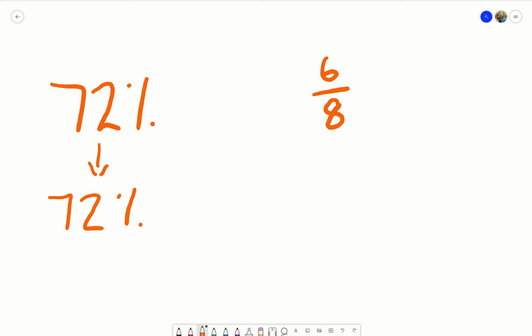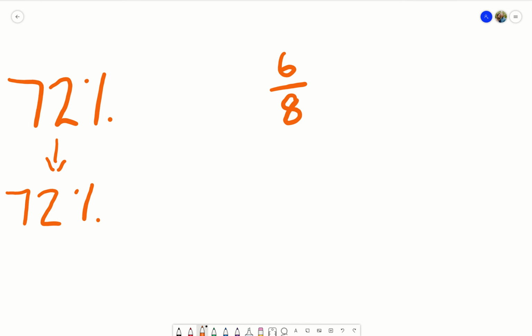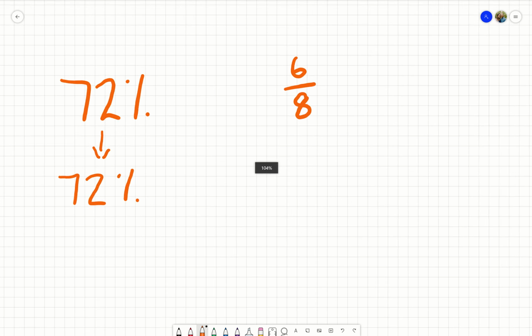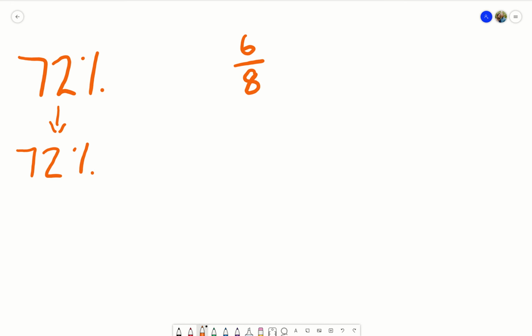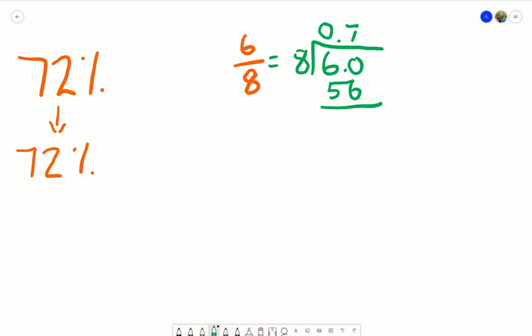Great. Now, 6/8. Can we get from 8 to 100? No, we cannot. So we have to divide. Do a little bit of division here. All right. So this 6/8 becomes 6 divided by 8. Can't go in. 8 goes into 60 7 times. That's a 56.